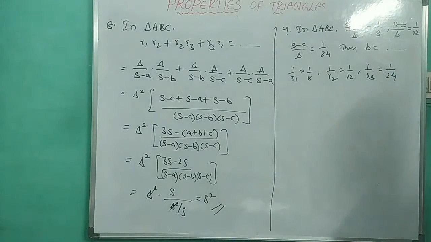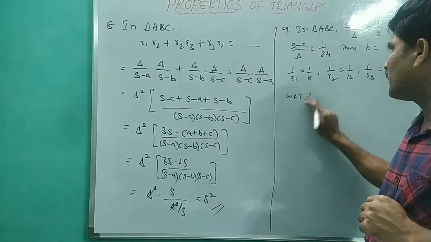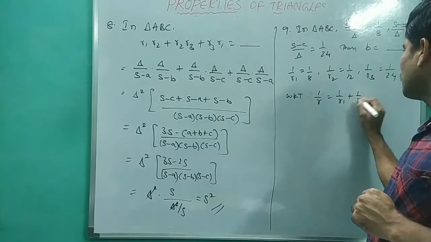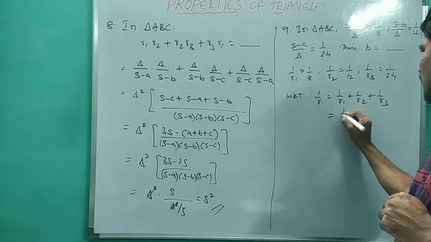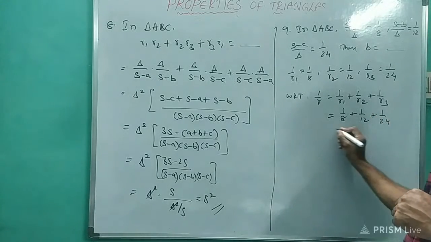Now here we have to observe in that 1 by R equals to. That formula is already discussed. 1 by R equals to 1 by R1 plus 1 by R2 plus 1 by R3. Here 1 by R1 means 1 by 8 plus 1 by 12 plus 1 by 24.